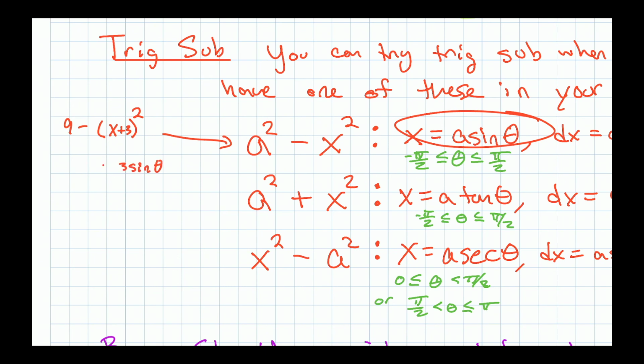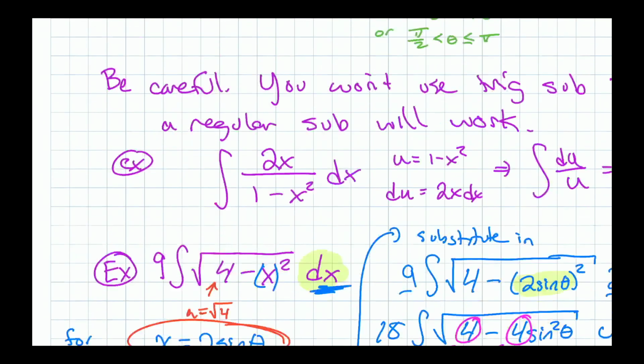That part is fine. But instead of an x, we have x plus 3. So if you have x plus 3 where the x should be, then in your substitution you put x plus 3 where the x should be. It's not that hard. So let's come down here and see what we have.